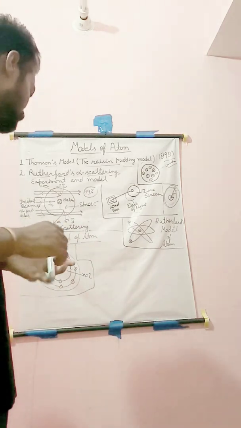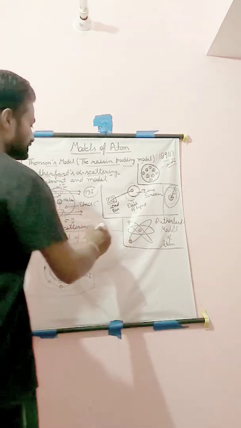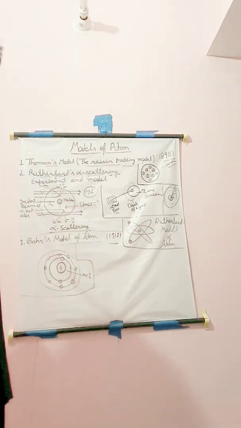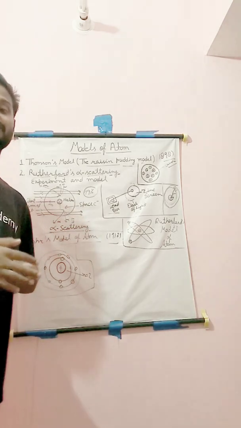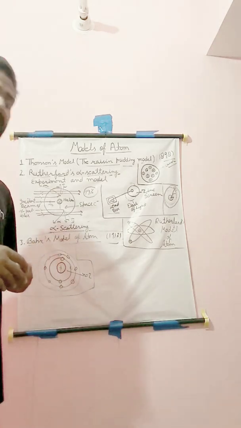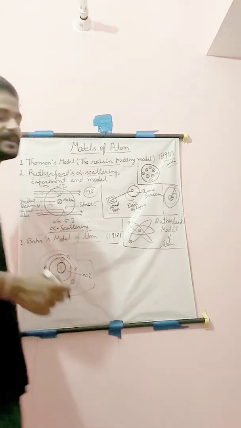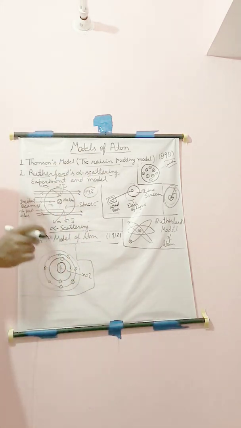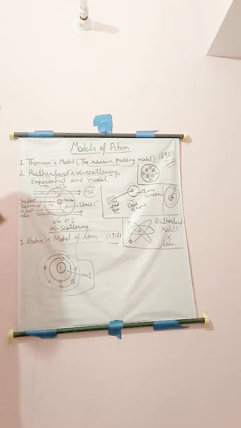Now, what happened in 1913? In 1913, Niels Bohr gave his model of the atom. So what he concluded, he did an experiment like Rutherford, but he said that these electrons revolve around the nucleus in fixed orbits, which he named shells.